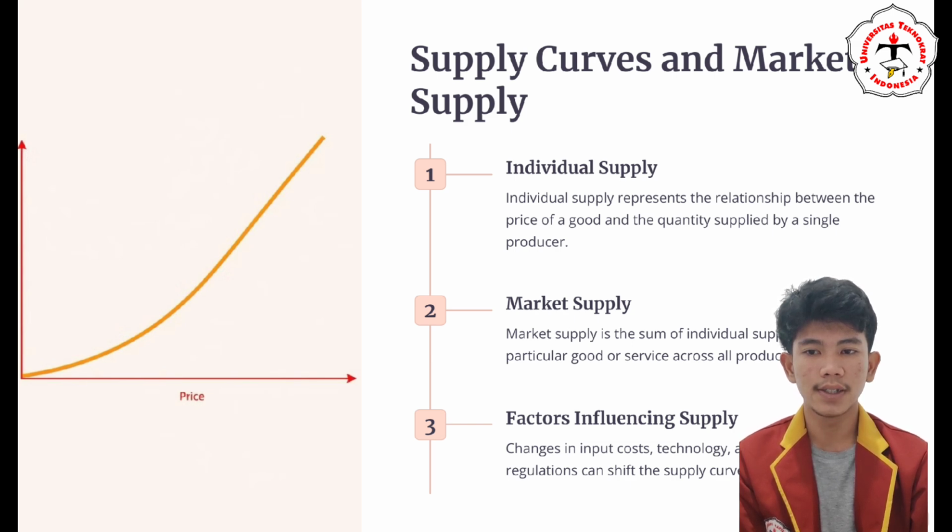Market supply is the sum of individual supplies for a particular good or service across producers in a market. 3. Factors influencing supply. Changes in input costs, technology, and government regulation can shift the supply curve.